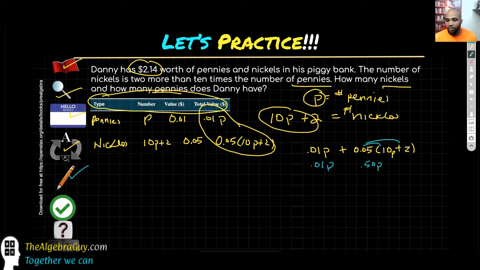And 0.05 plus 2 is going to be $2.05. And that all should equal 214. All right, can I combine anything? I could combine my p's here. 50 cents plus 1 cent is 51 cents.